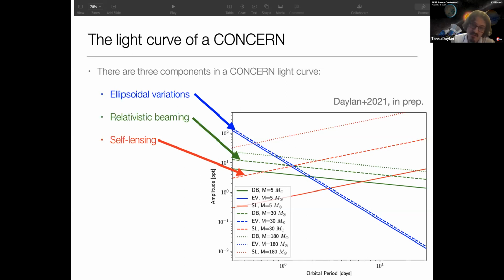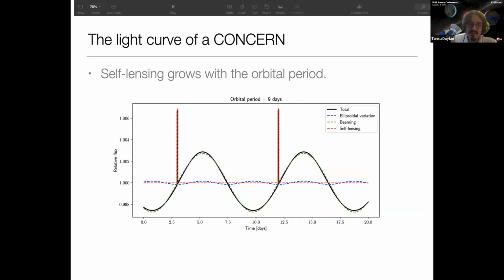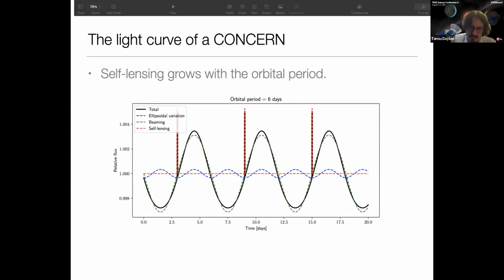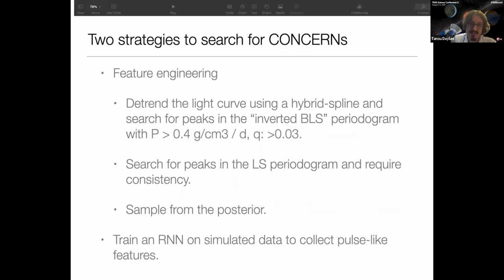So at long orbital periods, you are more likely to find higher amplitude self-lensing signals, but then you get basically the penalty from the fact that your orbital period is getting close to your observation baseline, especially for TESS, so that is not a good thing. Now, if we go to smaller orbital periods, then the problem becomes that the signal is dominated by ellipsoidal variation and Doppler beaming, and not our self-lensing unique signature.